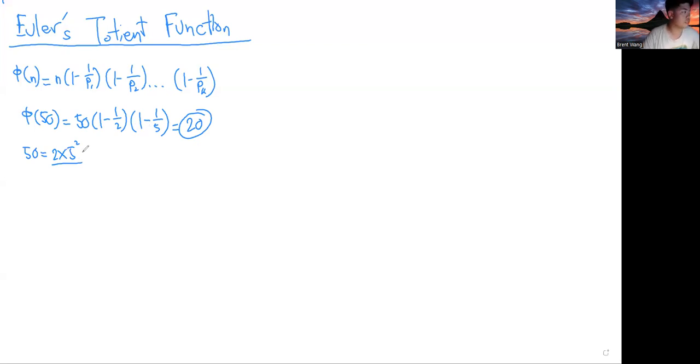And you could just keep doing this. Before we go further, I want you to keep in mind something. It doesn't matter that the number 5 is squared.